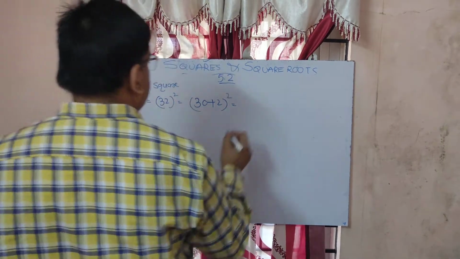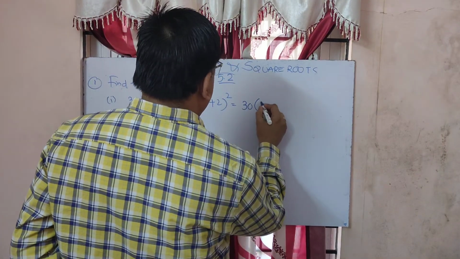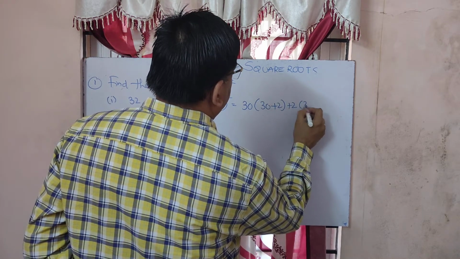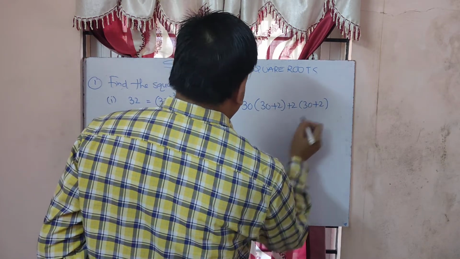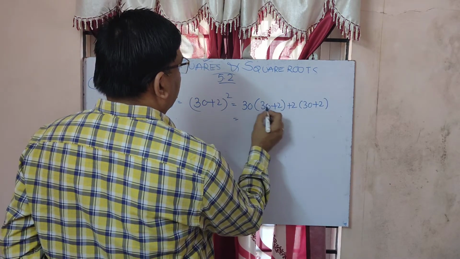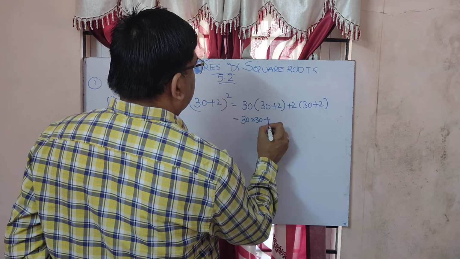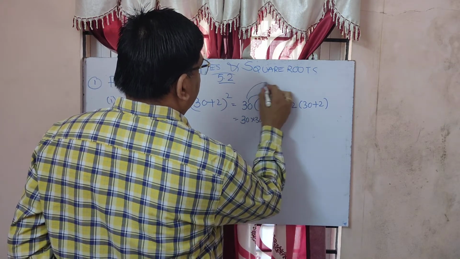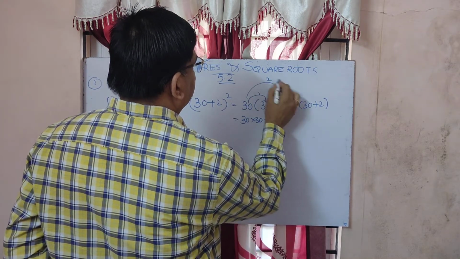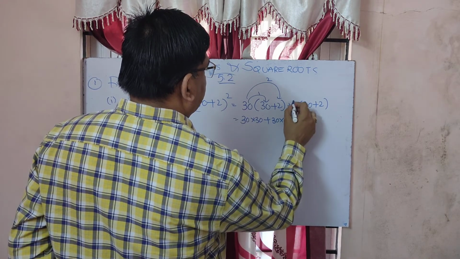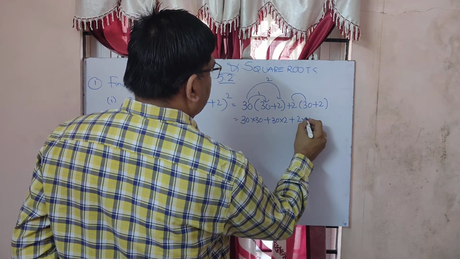30 plus 2 whole square, that is 30 into 30 plus 2, plus 2 into 30 plus 2. So you have to multiply 30 into 30, plus 30 into 2, plus again 2 into 30, plus 2 into 2.